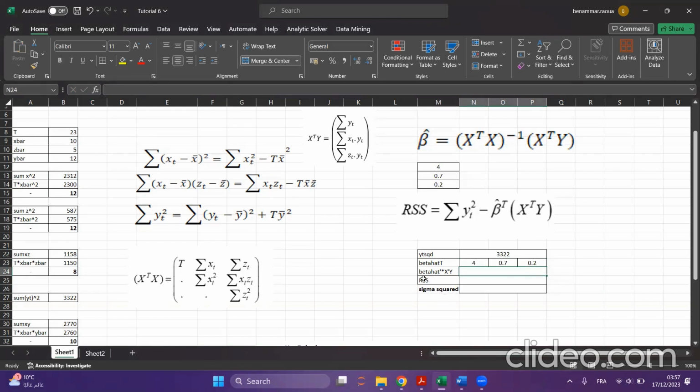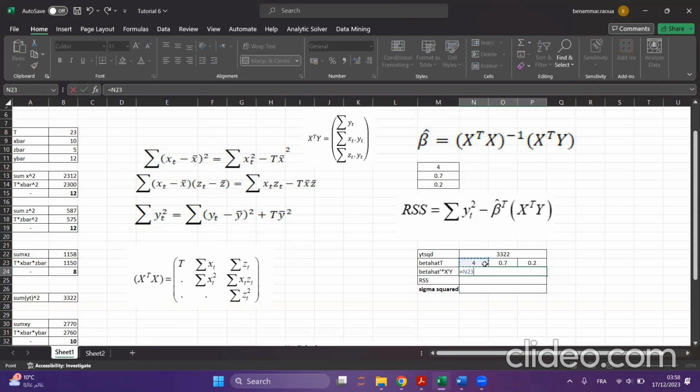So next we have to calculate beta hat transposed times xty for this entire part. Again, to do the product of two matrices, we do row by column.